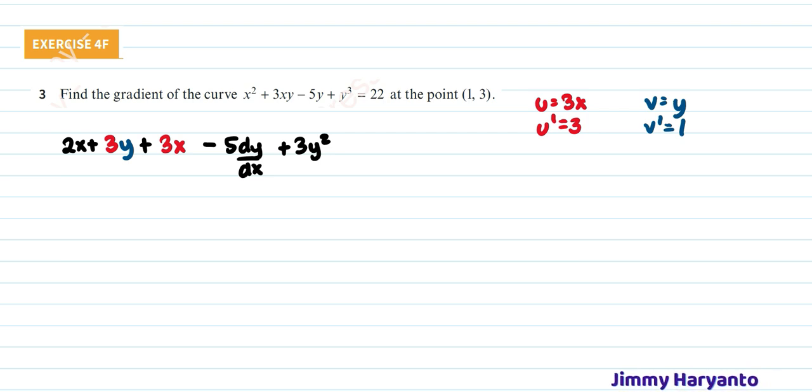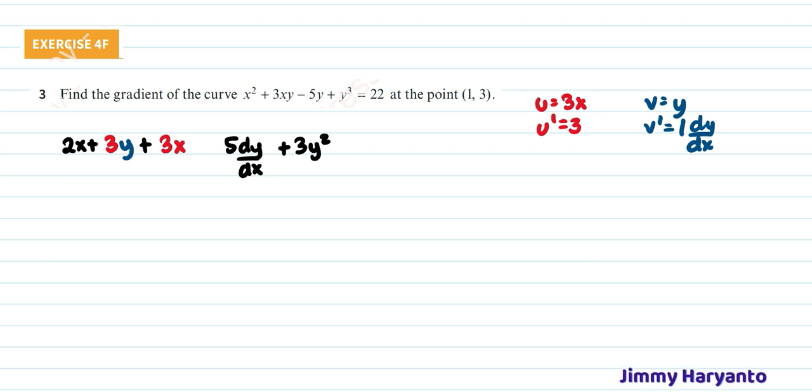Oh, my bad, this one should be 1 dy over dx. That means, wait, u prime v plus uv prime.